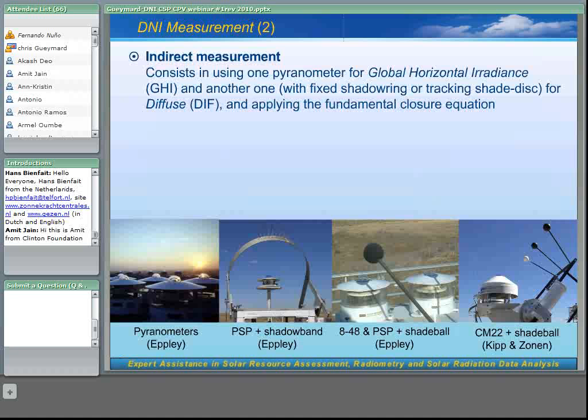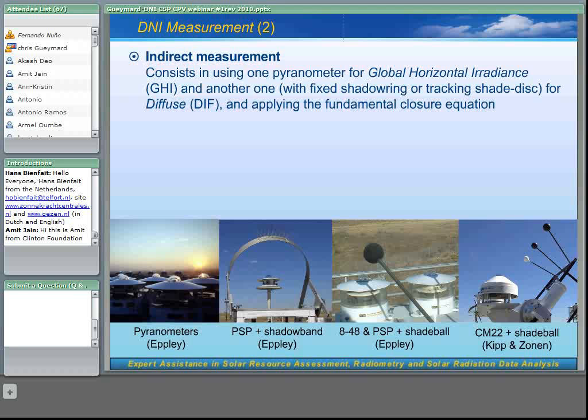Now, I said also there's a different way of measuring DNI, which is an indirect method, and it is basically using one pyranometer for global horizontal irradiance, which we usually call GHI, and another similar instrument but with a fixed or tracking shadow band or shadow disk for diffuse horizontal irradiance.